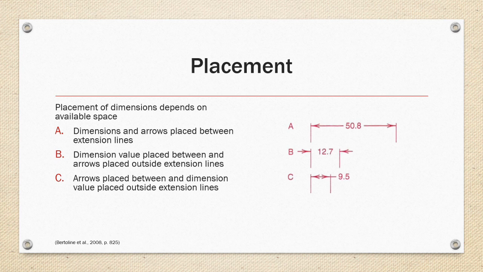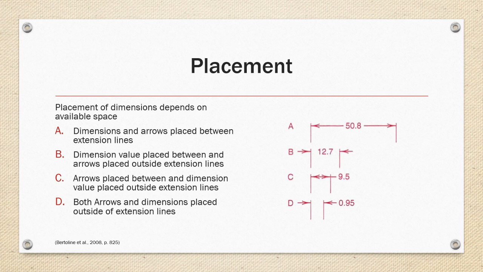If there's room for the arrows, but not the dimension value, place the arrows between the extension lines and the dimensioned value on the outside, as in example C on the right. And finally, if there isn't room for either dimension element, place them both outside the extension lines, as shown in item D.